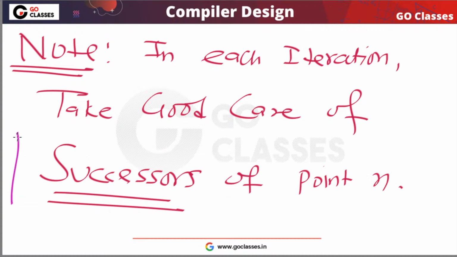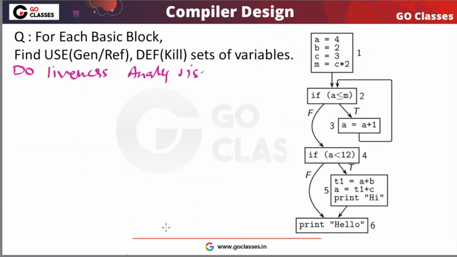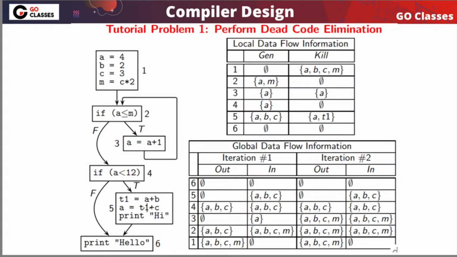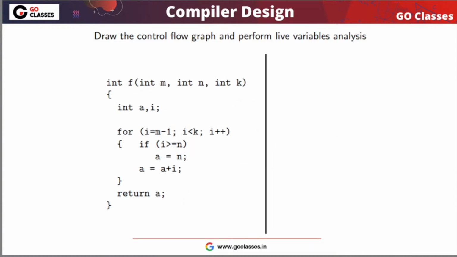This is where most mistakes will happen. Many people will forget about successors. For example, here for this statement, what are the successors? The only successor is this. For this basic block 3, the successor is basic block 2. So don't forget the successors. This is the whole point. I hope all these points are clear to everyone. So this is your answer. You can check like this.